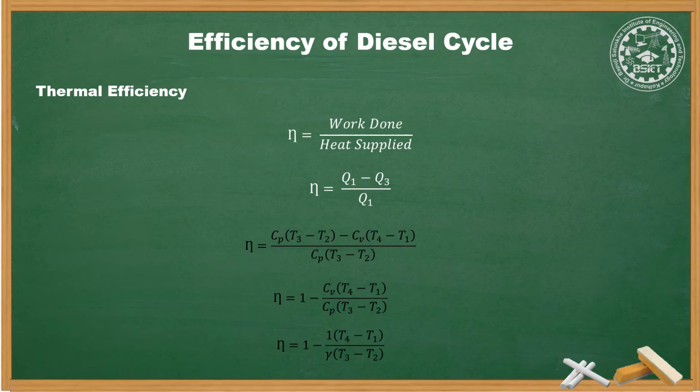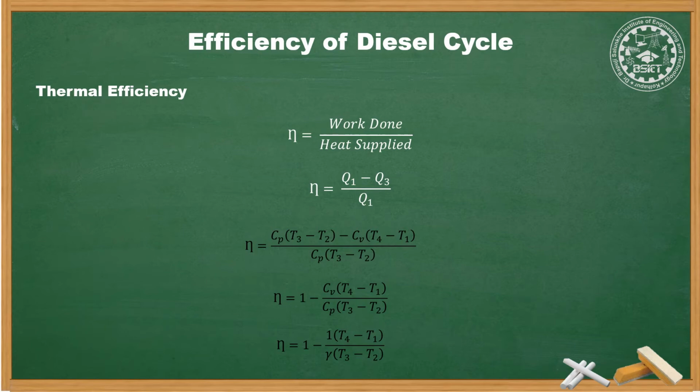As the value here is Cv upon Cp, we have taken the reciprocal of gamma, that is 1 upon gamma.